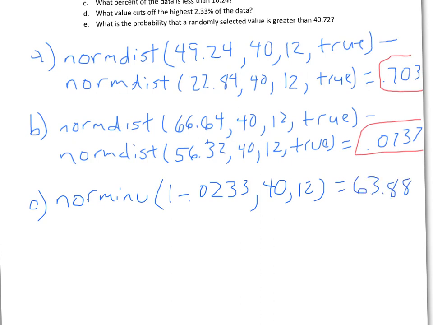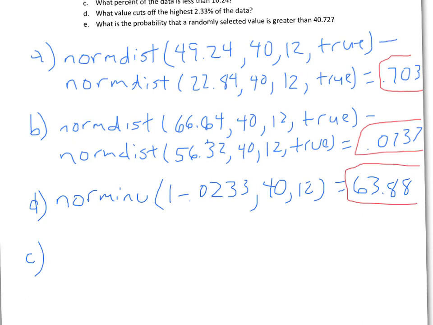Okay. There we go. D. Oh, that was D. I'm sorry. So if that was D, I probably need to go back and do C. Okay? So for C, what percent of the data is less than 16.24? Well, that's easy.